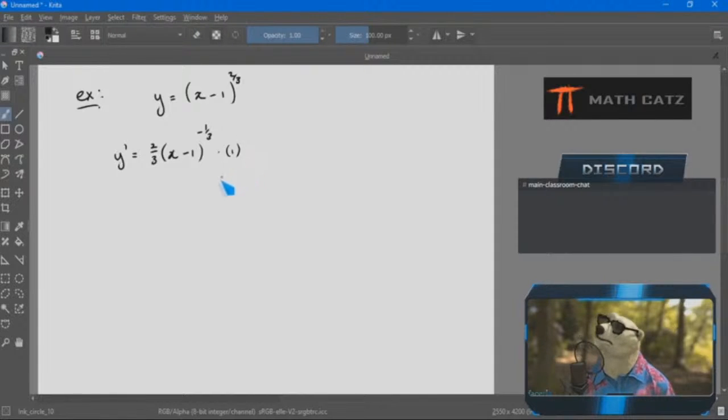Now for the purposes of moving forward into my table and seeing what is happening with this derivative, I do want to clean this up as much as I can. For me, personal preference is to get rid of the negative exponent. So I will move it to the bottom.